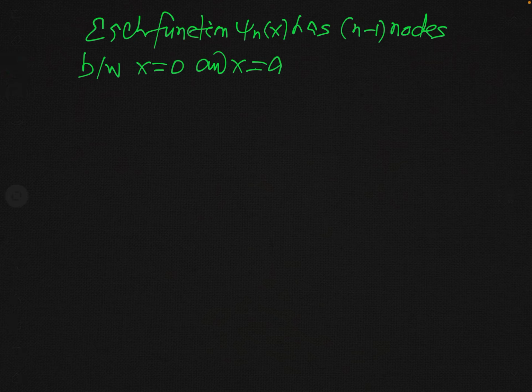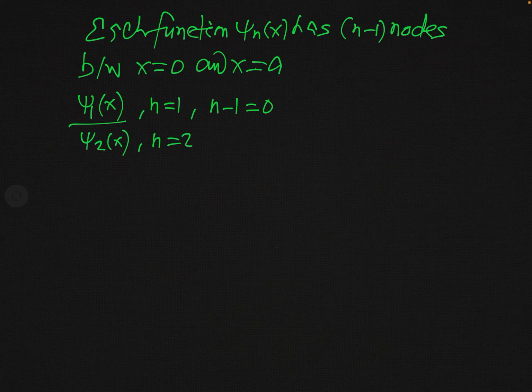So for psi 1 of x, n is 1, and if n is 1 then n minus 1 will be 0. So there is no node between x equal to 0 and x equal to a in case of the ground state of the particle. But in first excited state, our wave function is psi 2 of x. It means n is equal to 2 here, and therefore n minus 1 in this case will be 1.